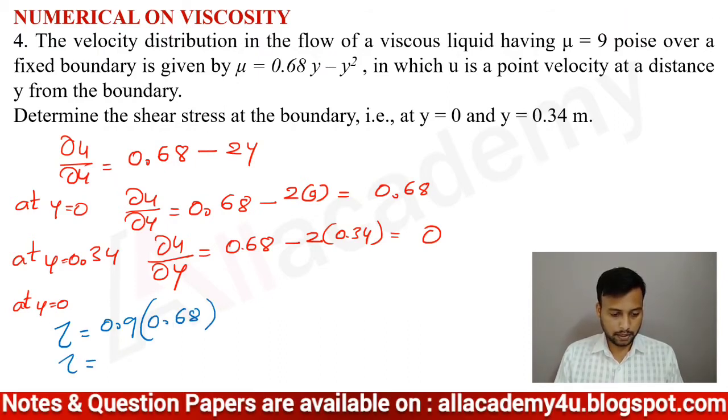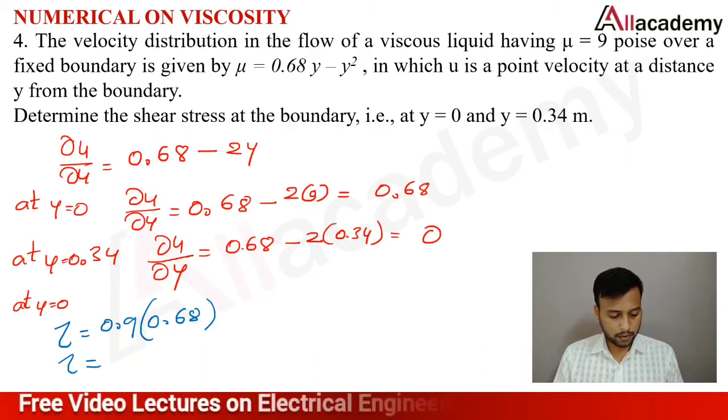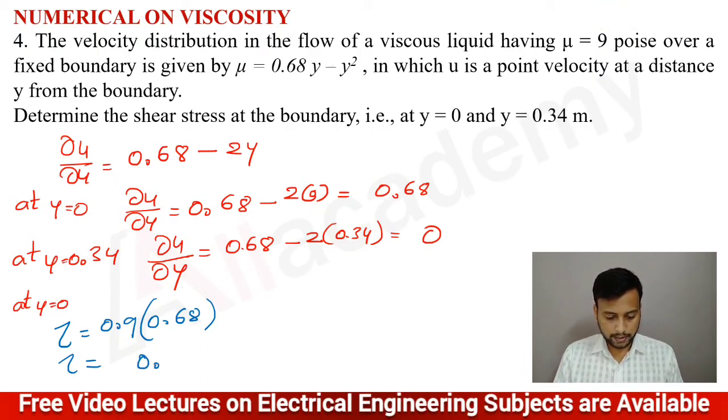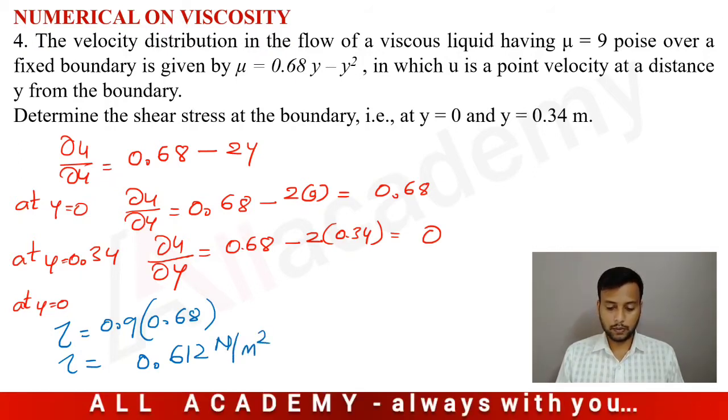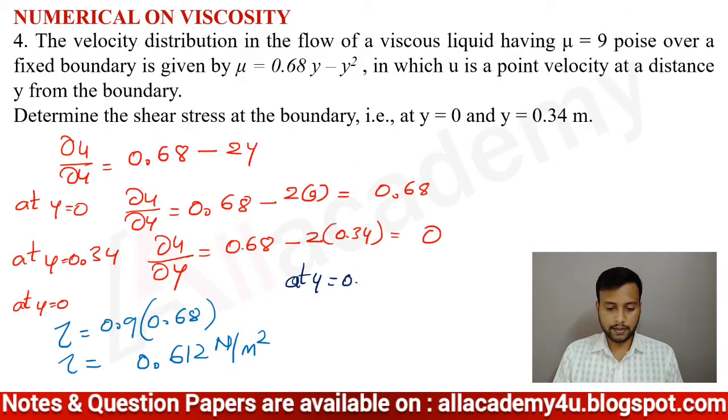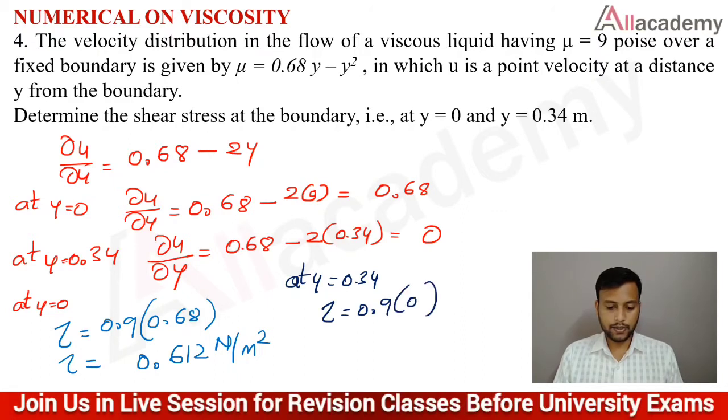So tau will be equal to 0.612 Newton per meter square. Similarly at y equals 0.34, tau will be equal to 0.9 into 0, so tau becomes 0.